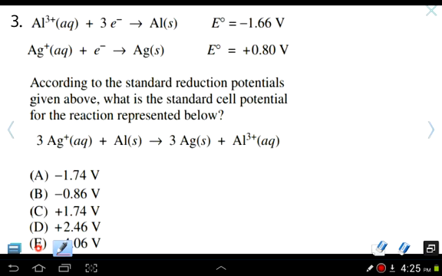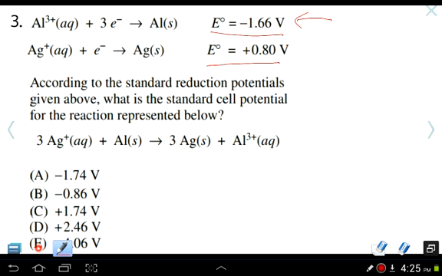Next, let's take a look at the voltage that's associated with half reactions. And here it says, according to the standard reduction potentials given above, referred to these here. Remember, these numbers are what come from the reduction potentials table, which simply lists elements or compounds in order of their reduction potential.